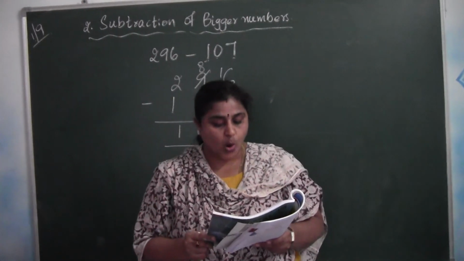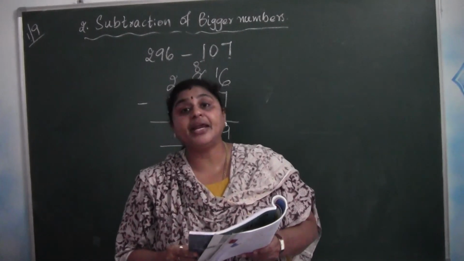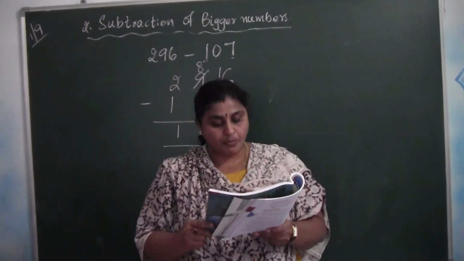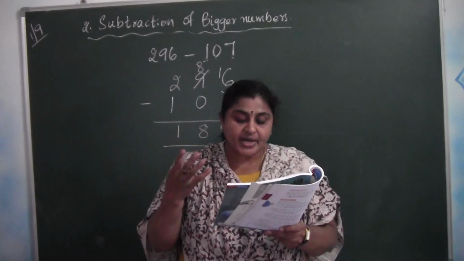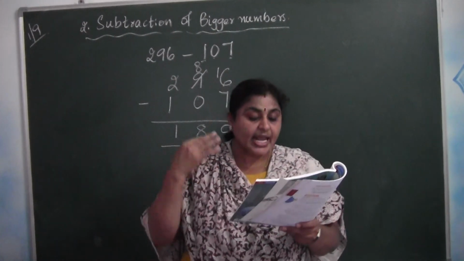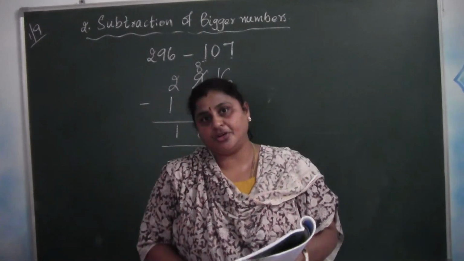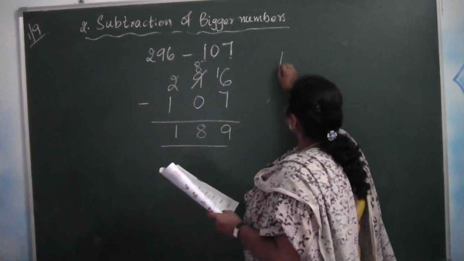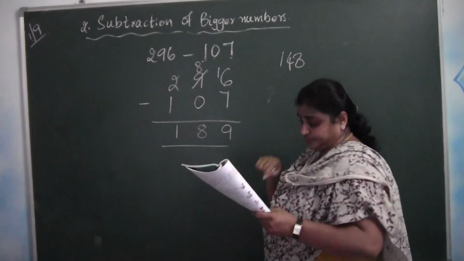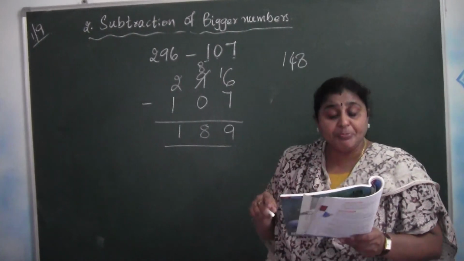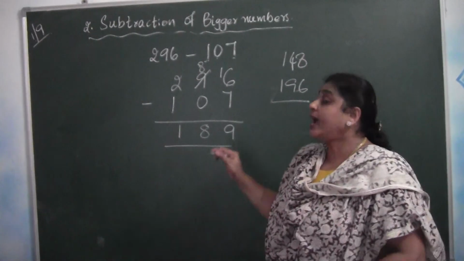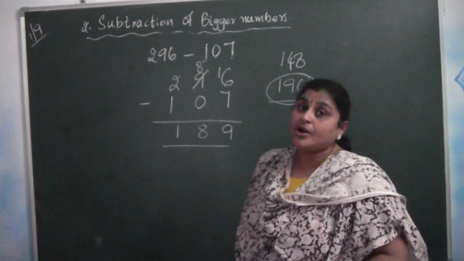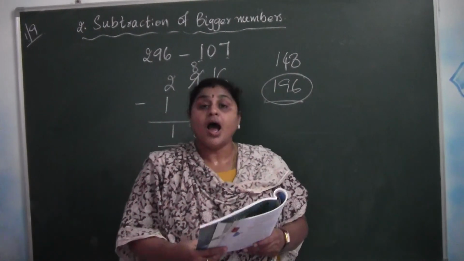Manju bought 148 red bangles. Jyoti bought 196 green bangles. How many more bangles did Jyoti buy? Who purchased more bangles, children? Manju purchased 148 and Jyoti purchased 196. So Jyoti purchased more bangles than Manju.